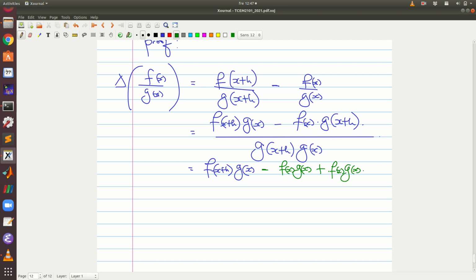We are just introducing this just to arrive at some desired result. Okay, so we have that, and then everything was over g of x plus h times g of x.